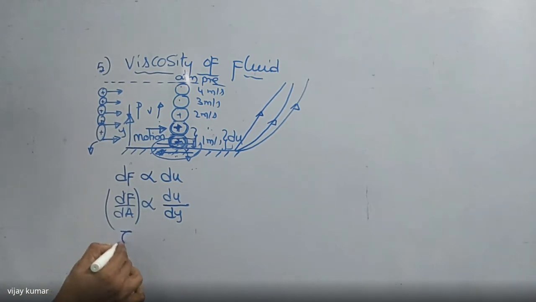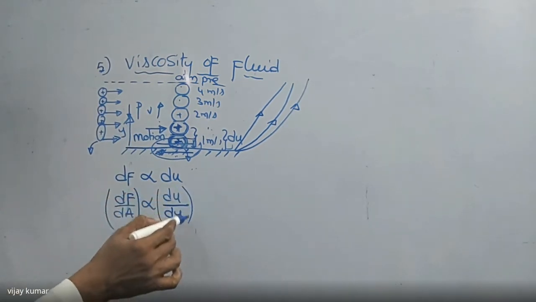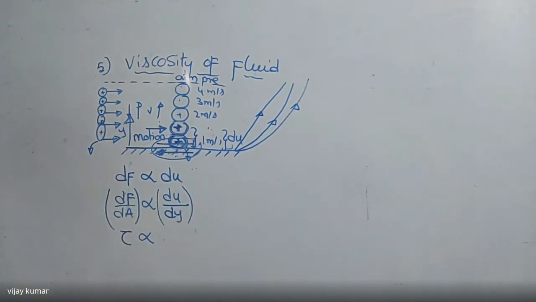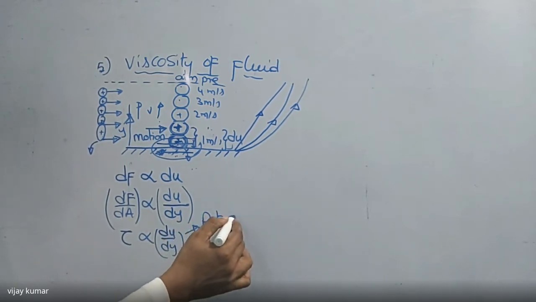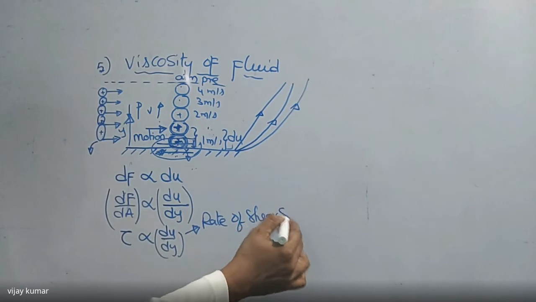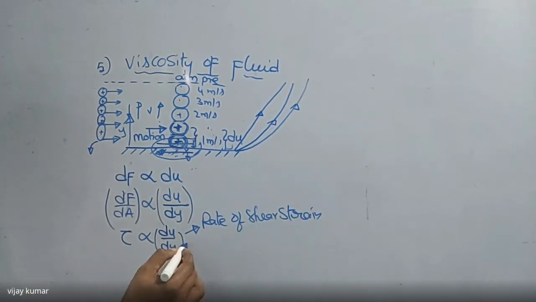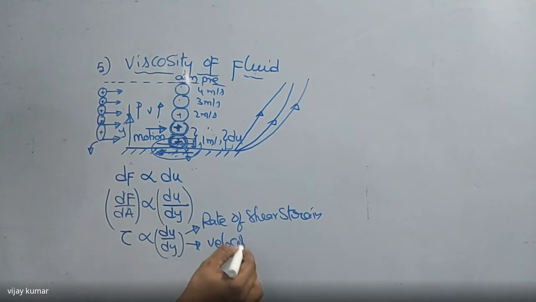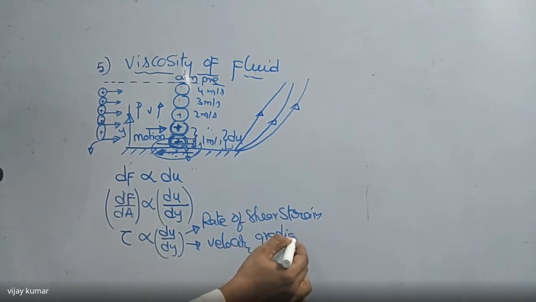So I'm writing: shear stress tau is directly proportional to du by dy, which is named as the velocity gradient, or the rate of shear strain.